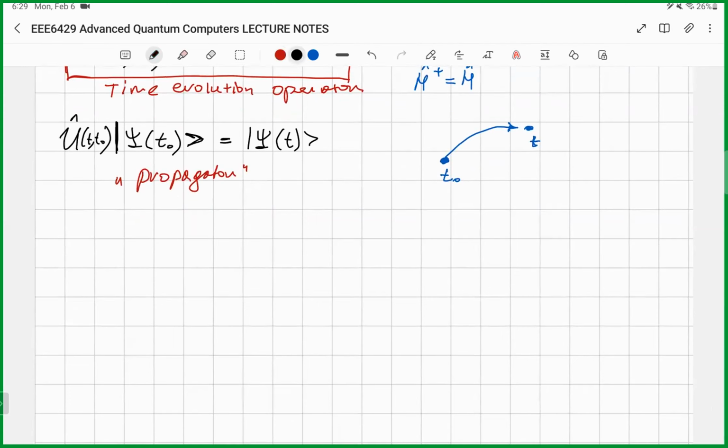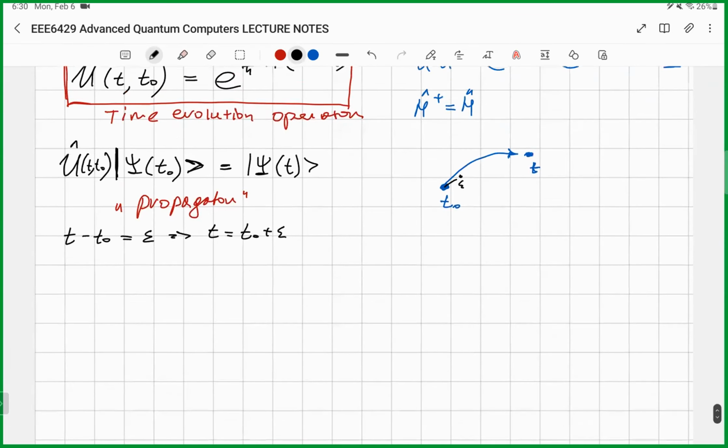But an important case is when t minus t sub 0 is something very small. So this t is right the next moment in time. So t is equal to t sub 0 plus epsilon. I take my t sub 0 and add a very small epsilon and jump to the very next point, right?